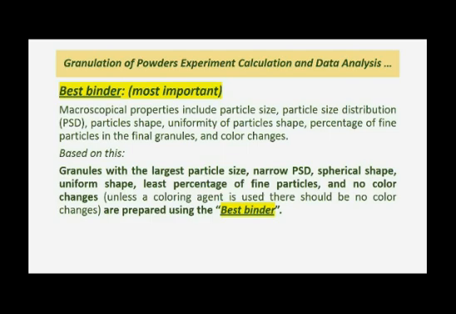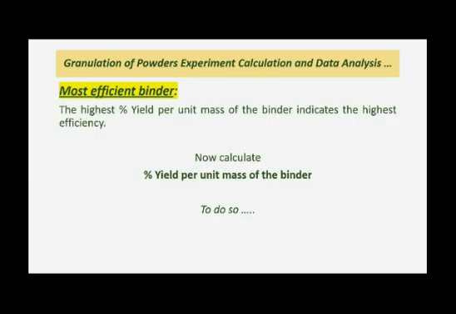Based on this, granules with the largest particle size, narrow particle size distribution, spherical shape, uniform shape, least percentage of fine particles, and no color changes unless a coloring agent is used, are the best granules.